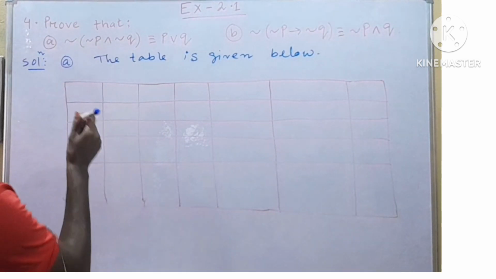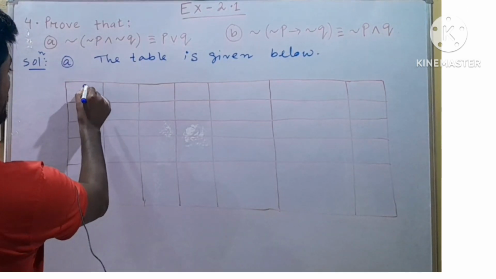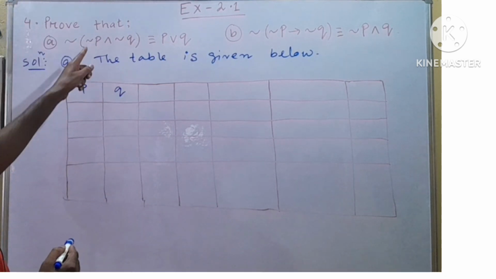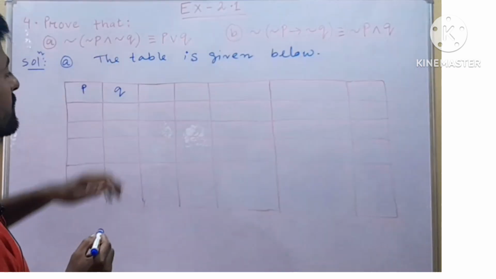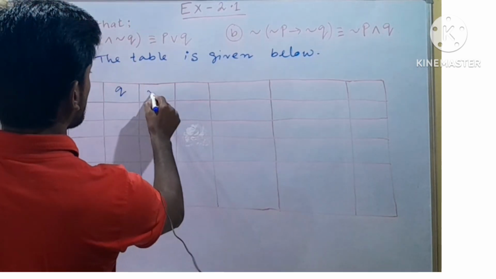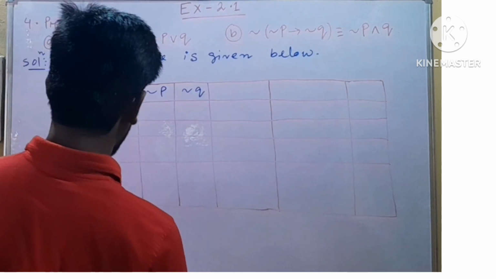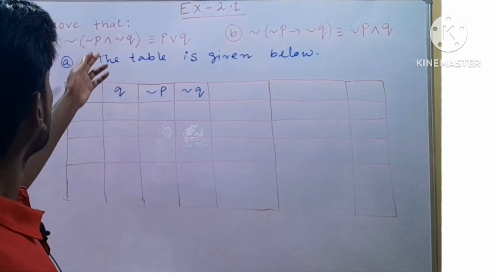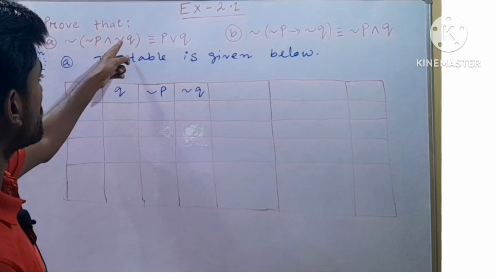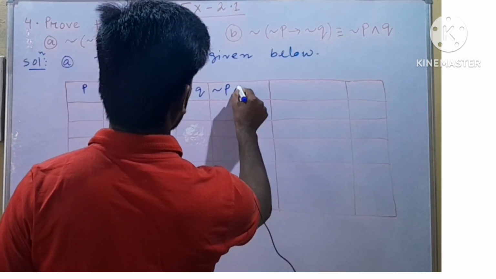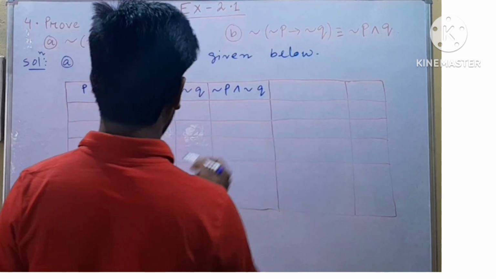Here the statements are P and Q, so we put here P then Q. After that, since we need negation of P and negation of Q, we write here negation of P, negation of Q. Next we need negation of P conjunction negation of Q, so we write that. Then, since we need the negation of that, we write negation of (negation of P conjunction negation of Q).